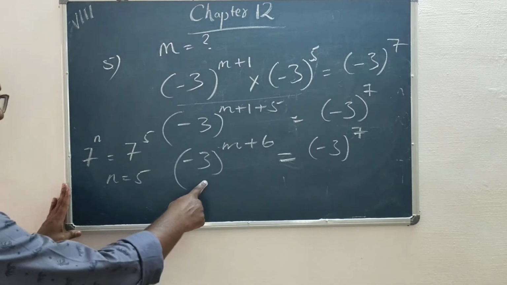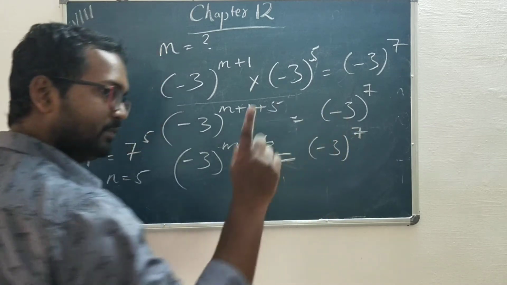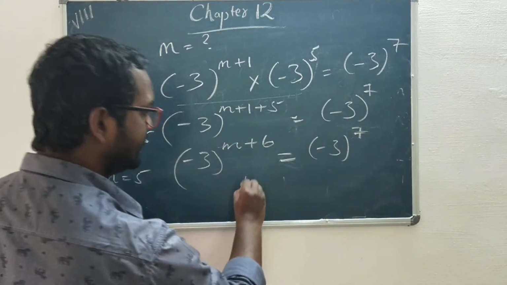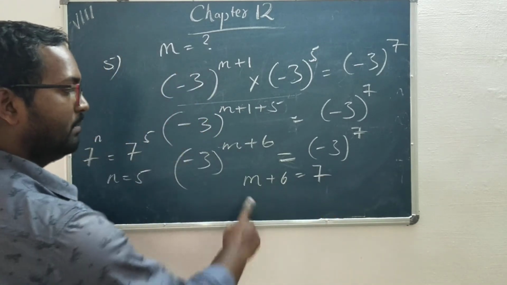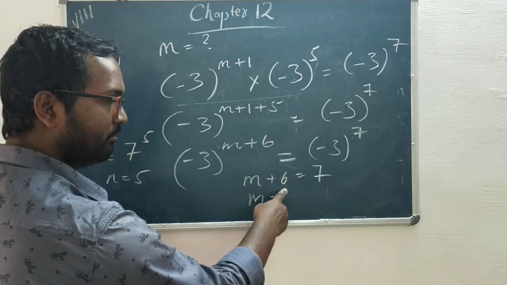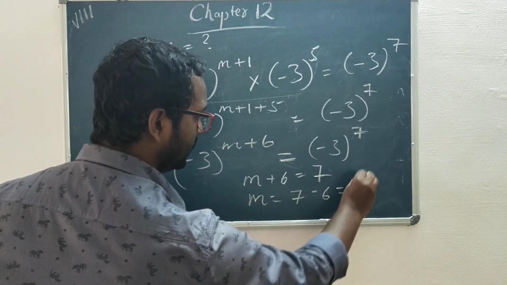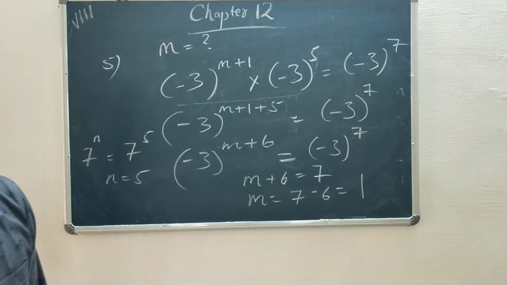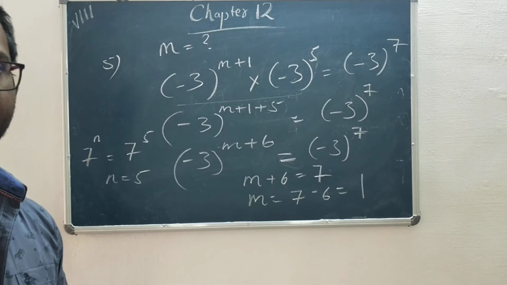Similarly here, (minus 3) to the power m plus 6 and (minus 3) to the power 7, which means m plus 6 is equal to 7. So m is equal to, this 6 has to go from this side to this side, which is 7 minus 6 equal to 1. So the final answer is m is equal to 1.